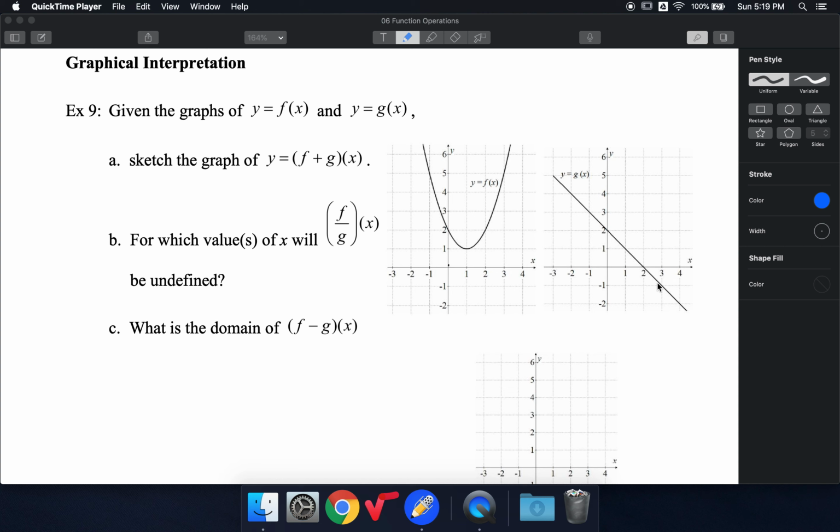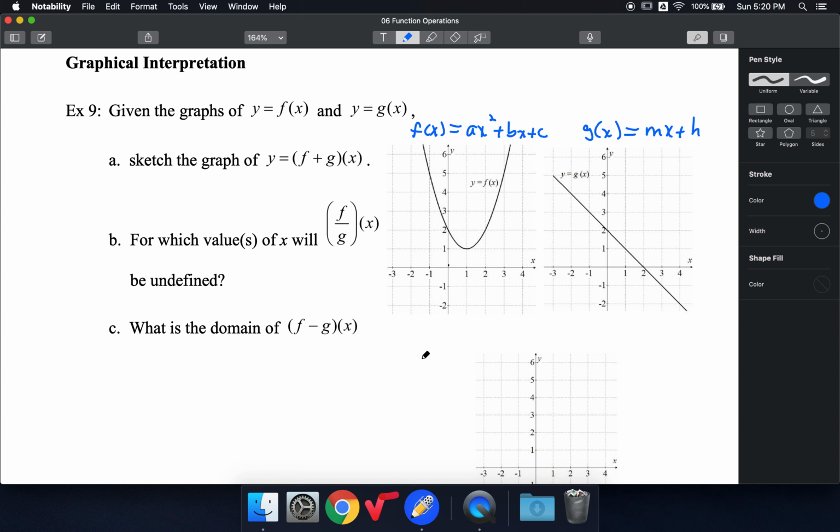So my f of x has some form ax squared plus bx plus c, and my linear has some form, maybe let's call it mx plus h, because I don't want to use a letter I've seen before. So when I combine things, it's only the b and m that will come together with the x, and my y-intercept is going to change.